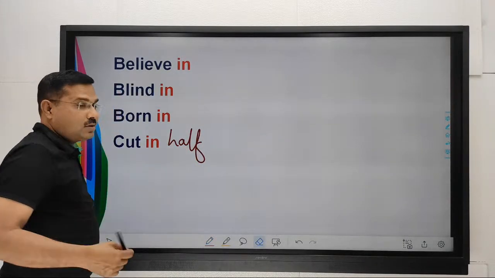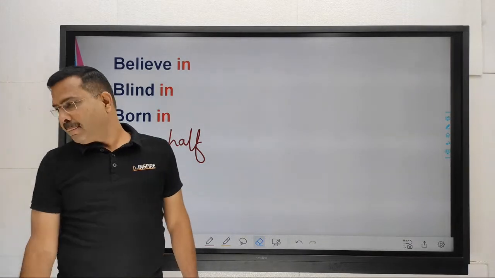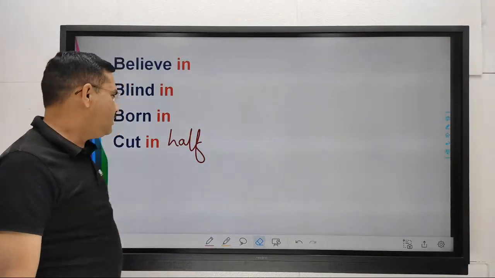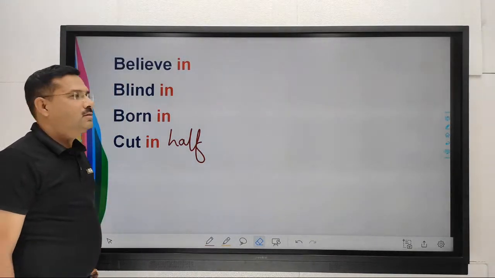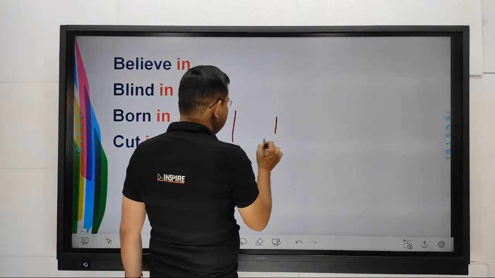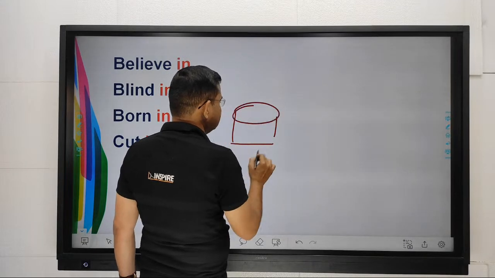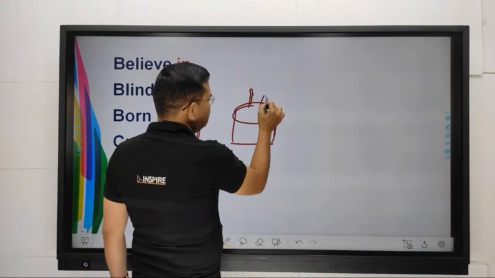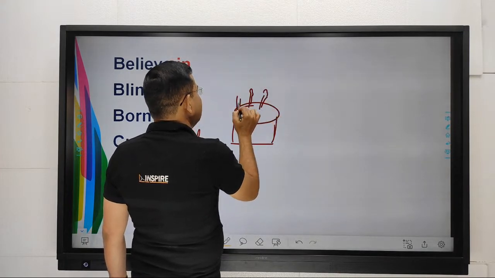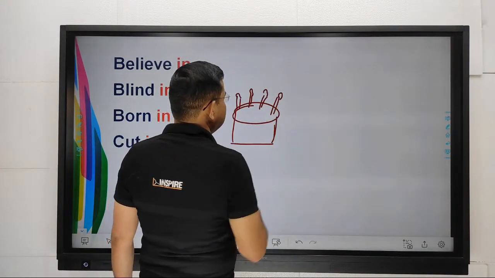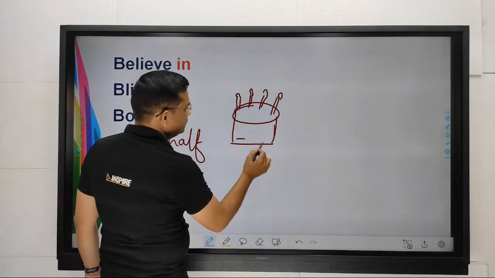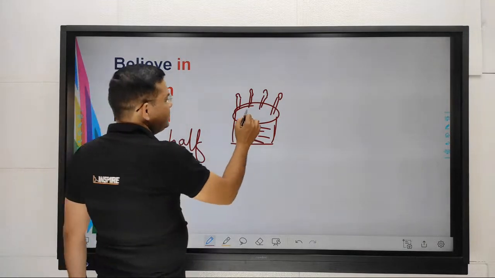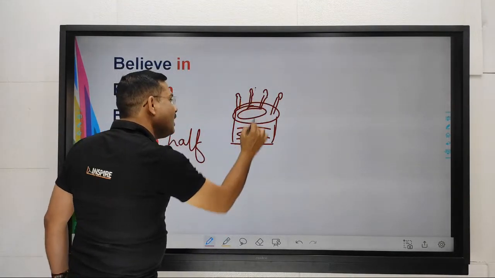Don't get bored. Some very interesting things are coming. Okay, don't try to sleep. Very, very interesting things are there. Cut in half. Suppose you have a cake. Okay, this is a cake. And somebody is saying, cut the cake in half.